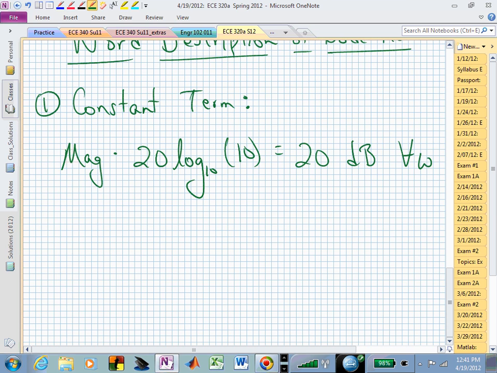That's flat. That's not sloping or anything. It's just a flat 20 dB. And what's the phase? This was a positive 10, and that will then contribute 0 in terms of our phase for all frequencies.